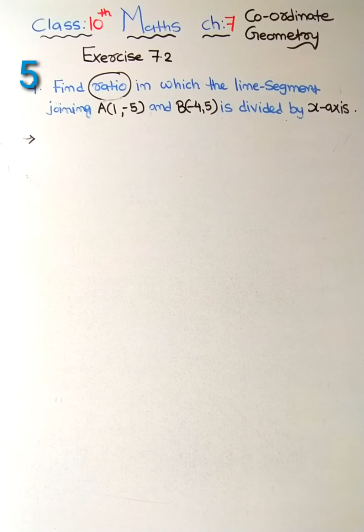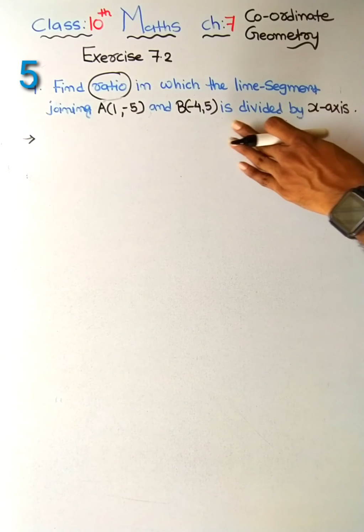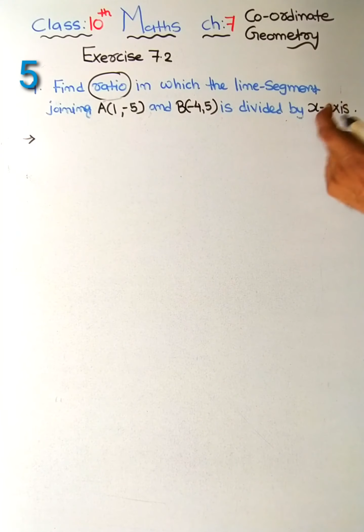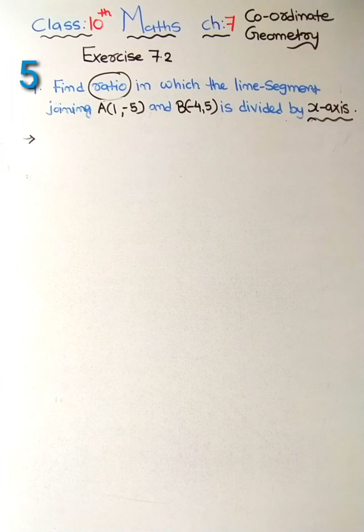Find the ratio in which the line segment joining A 1 minus 5 and B minus 4 5 is divided by x-axis, right? And remember, x-axis will divide this line segment in only one point, right?